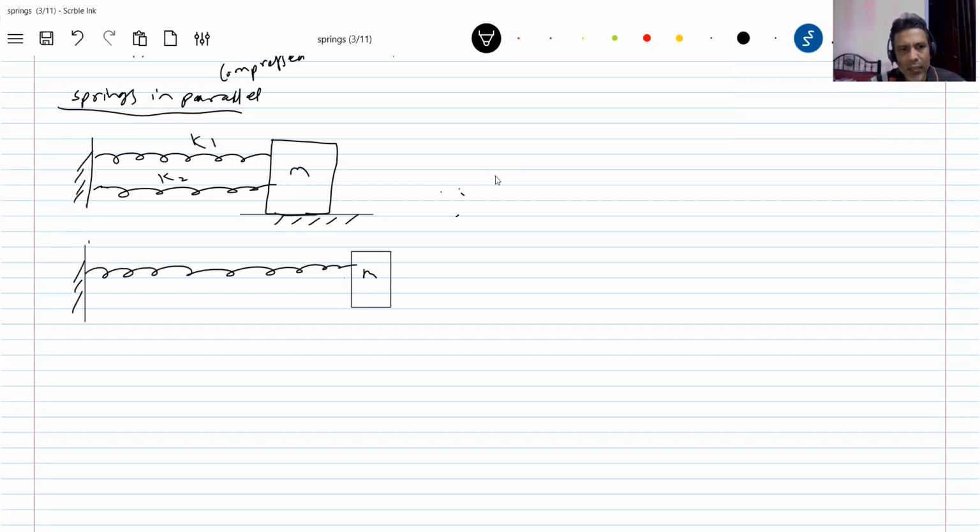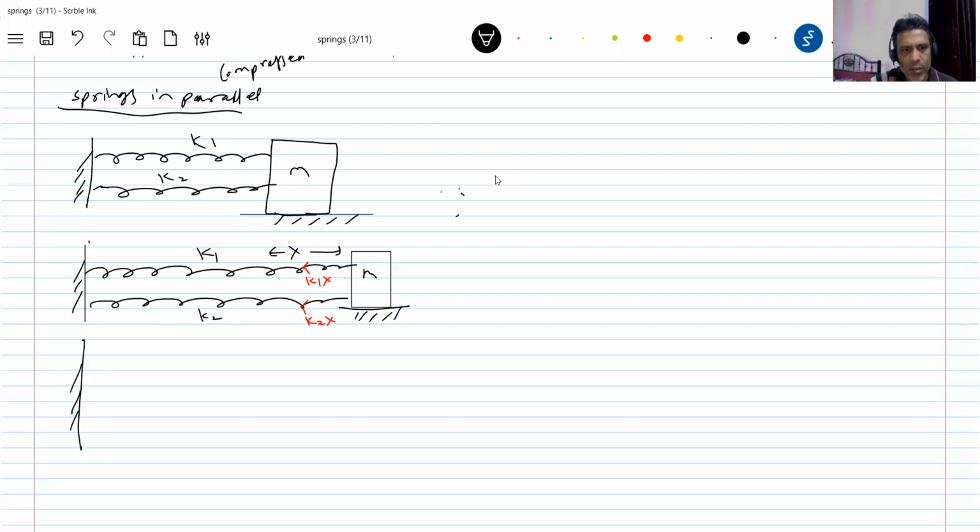Yes, both springs will have the same elongation. Look at the elongation, how much will it be? x. Then how much spring force will act? K1x and K2x. Then the block is acted upon by both the forces, so because of that it will start moving. Now, when can I say that this spring is equivalent to that?